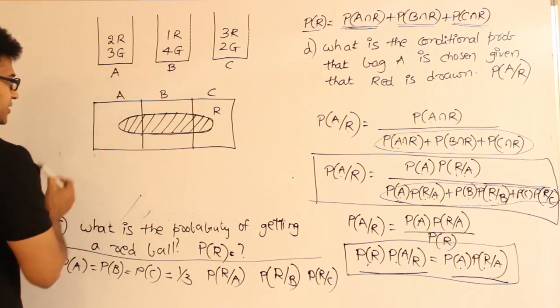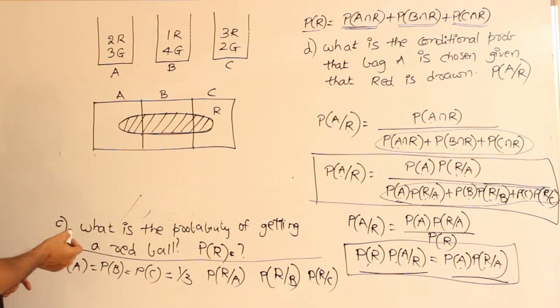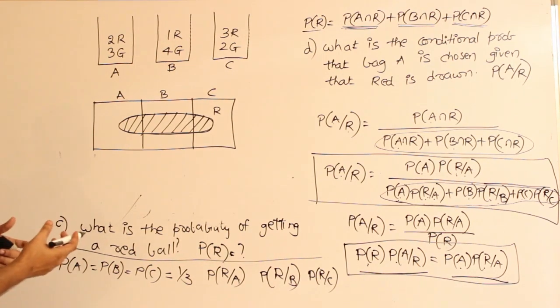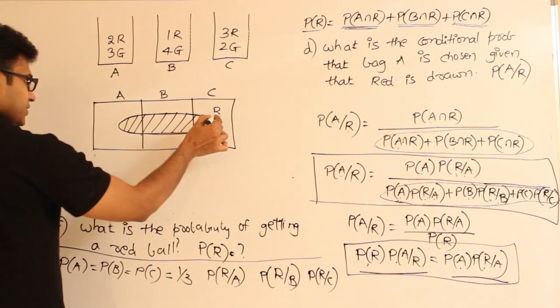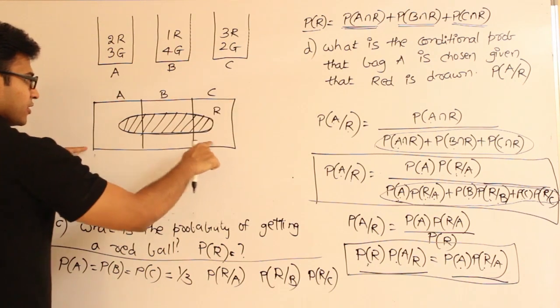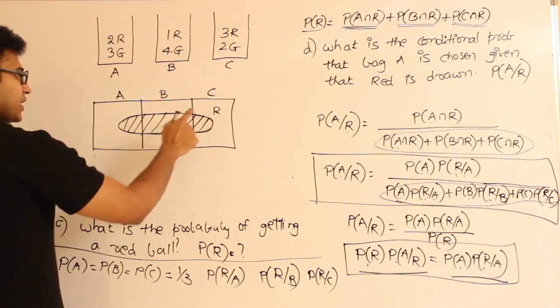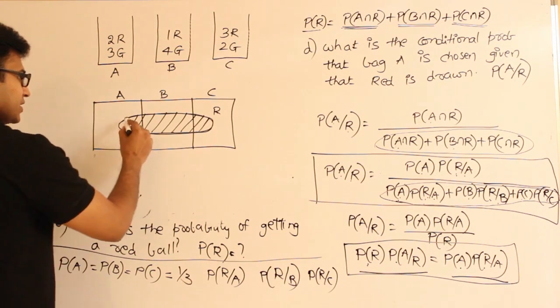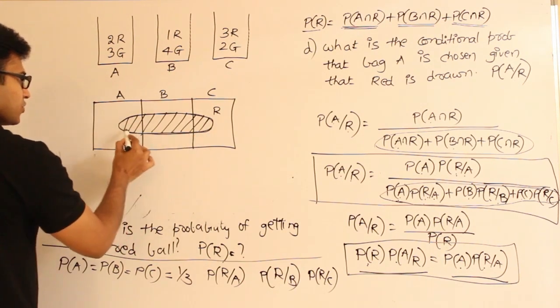See, the old sample space, in case they didn't give that R has already happened, was this entire rectangular box. Now given that event R has happened, our new sample space has changed, and it is going to be this one.